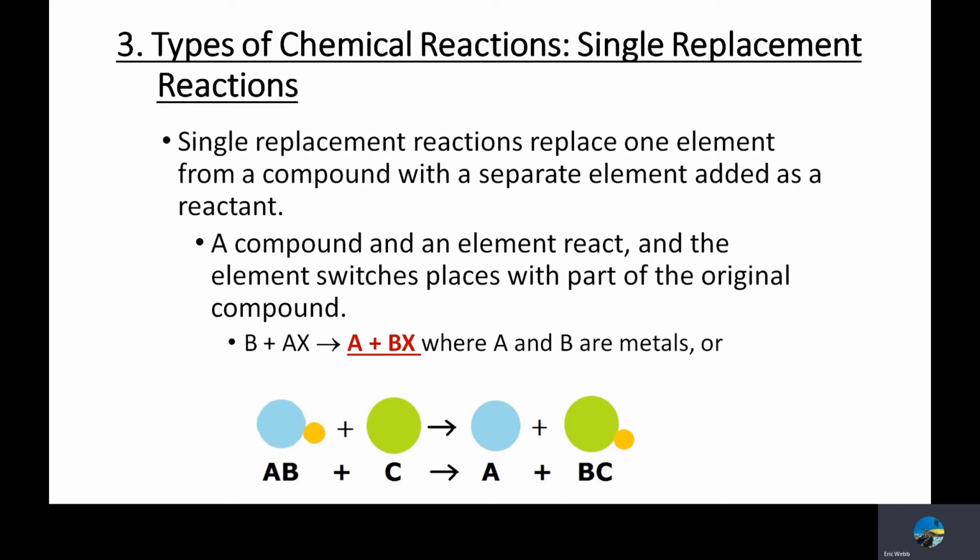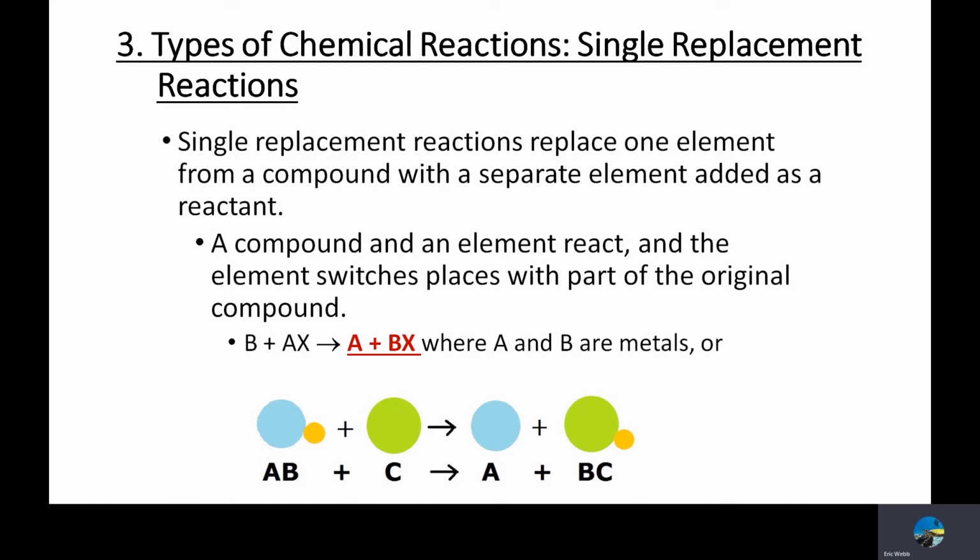It's got a couple of examples here. So if you imagine A is a metal, B is a metal by itself, AX is an ionic compound. So metal B is added to compound AX, and the A and the B switch places.